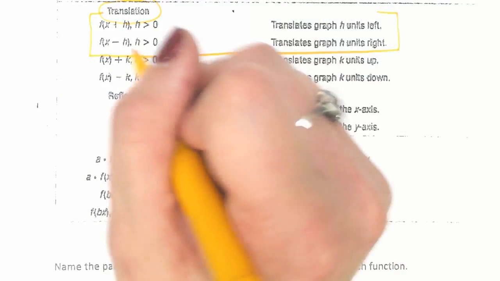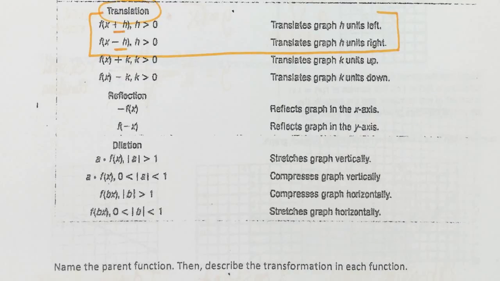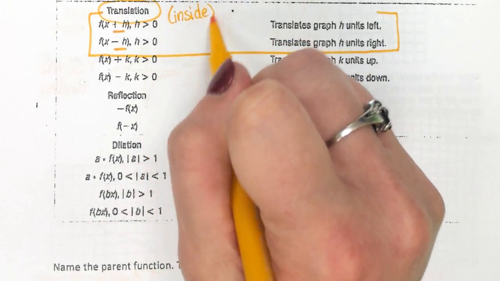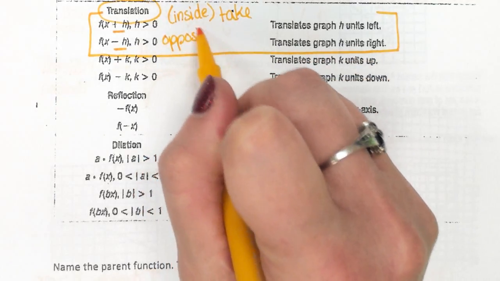Alright, so here we go. Where do you notice that the H's are located? Are they on the inside of the parentheses or on the outside of the parentheses? They're on the inside, right? So remember, when we have the inside, we take the opposite sign.